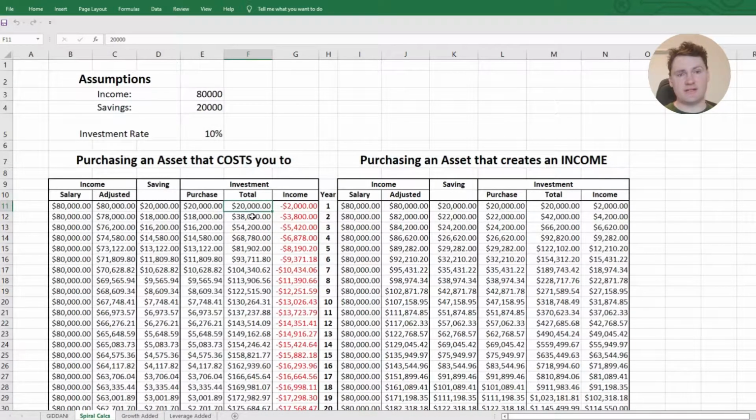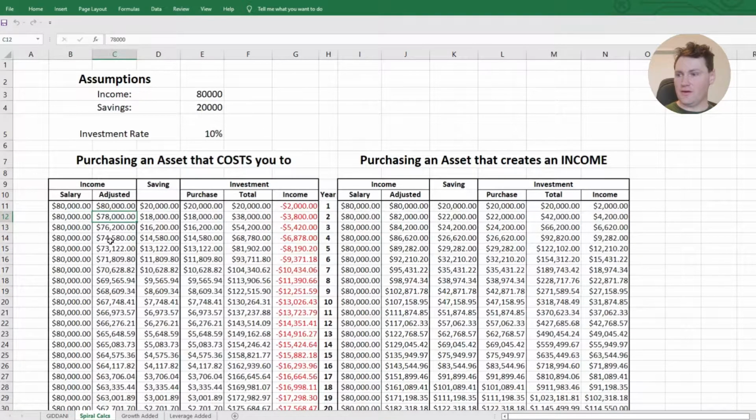Now, as we stated, the income is negatively affected. So this asset costs you 10% of its value to maintain in your portfolio. That's how you interpret this particular column. So what happens here is that in year two, you get your $80,000.